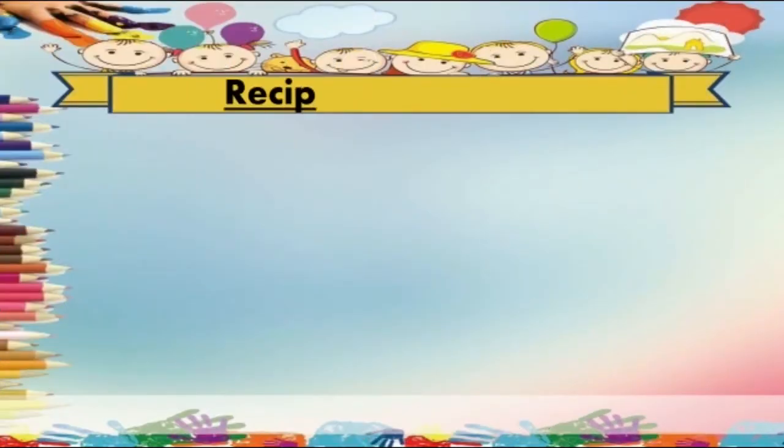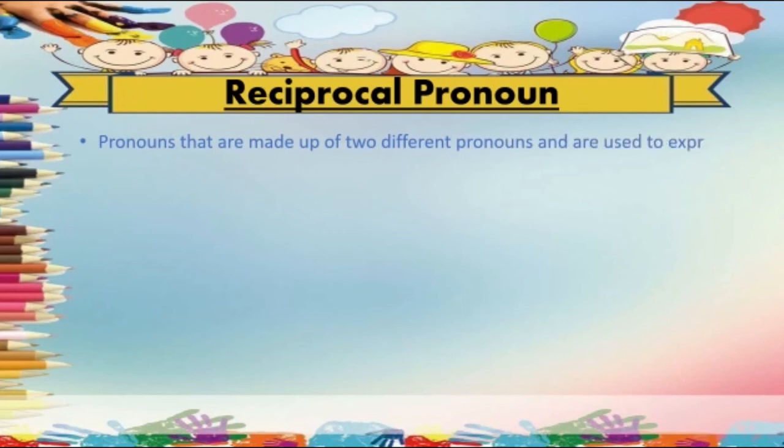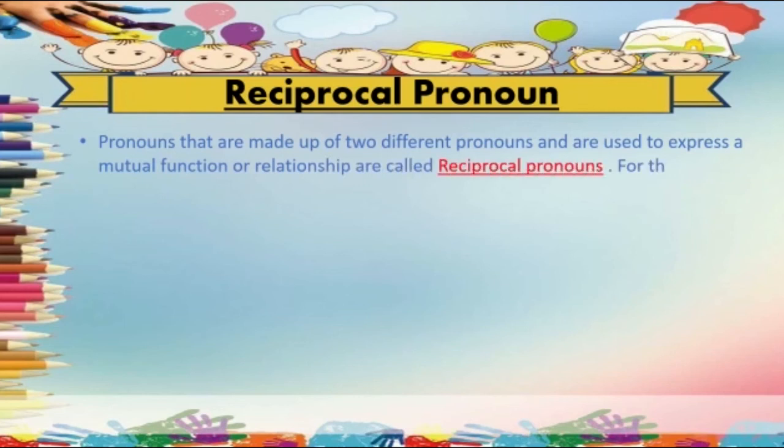So children, now we come up to the last kind of pronoun, that is reciprocal pronoun. Pronouns that are made up of two different pronouns and are used to express a mutual function or relationship are called reciprocal pronouns.